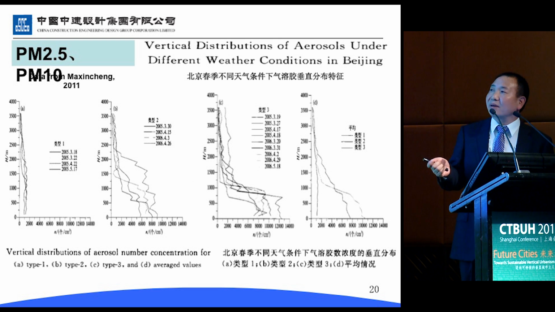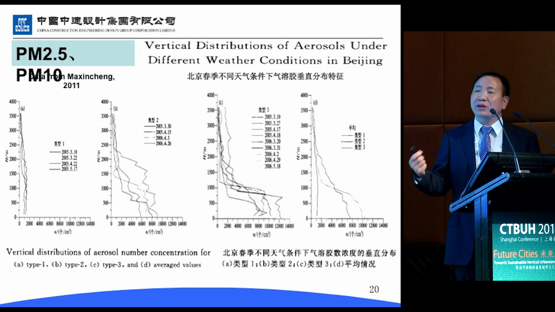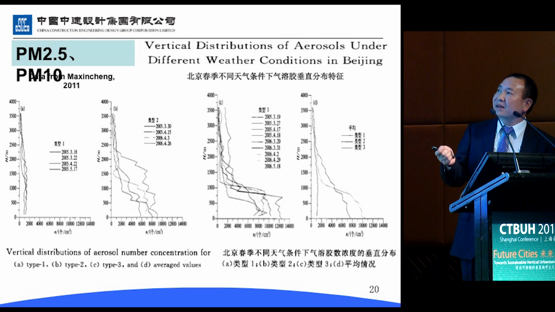Now, on the third one, if low wind speed occurs, then below 500 meters, the PM 2.5 is relatively high, but above 500 meters, the PM 2.5 concentration reduces at this particular zone. So in other words, when the wind speed is slow, the PM 2.5 cannot be dispersed, so it stays under the ground level.